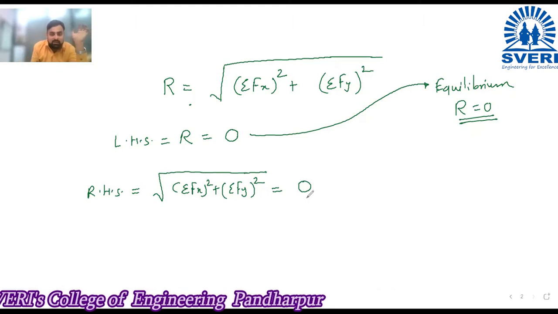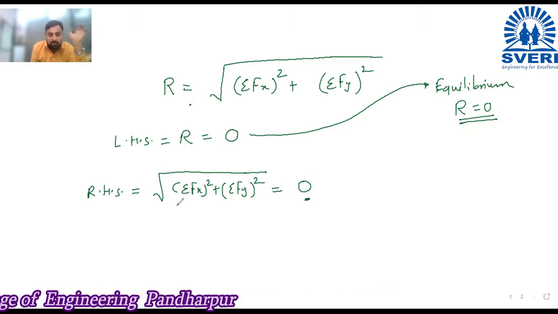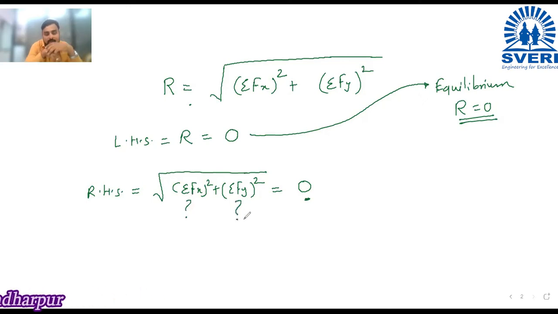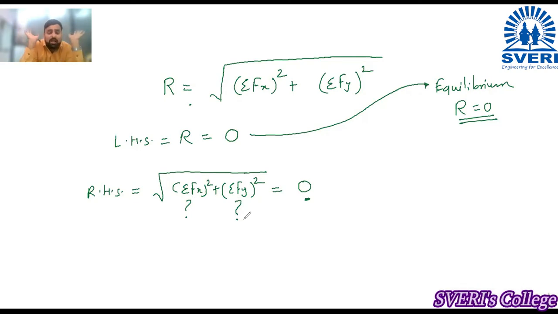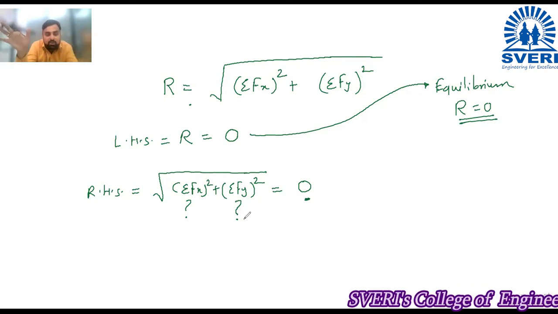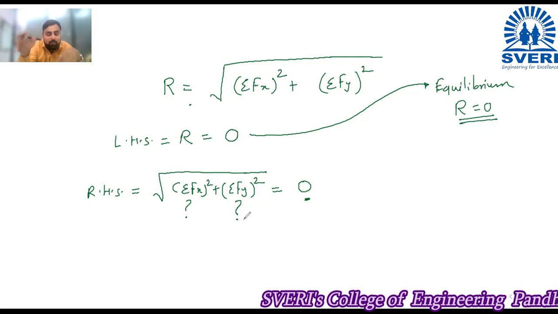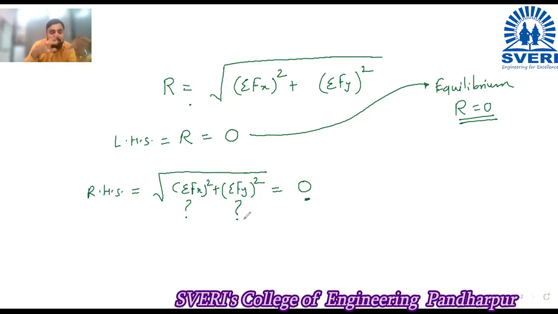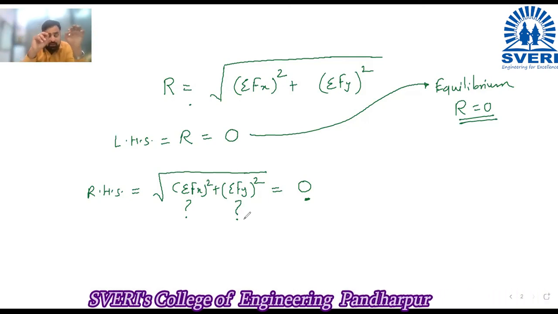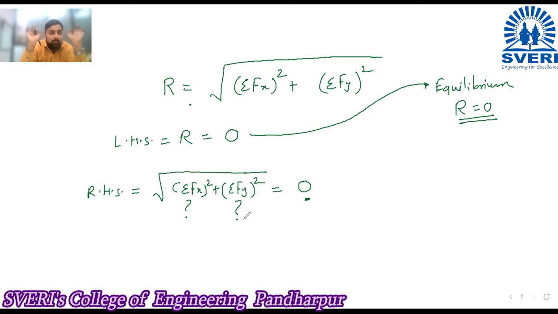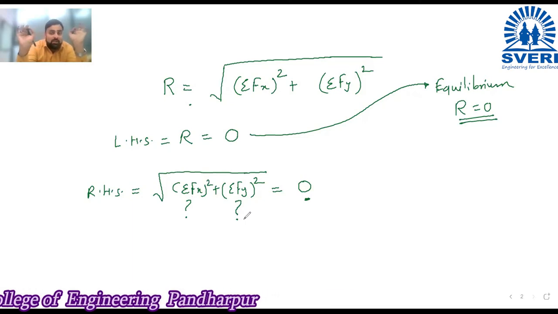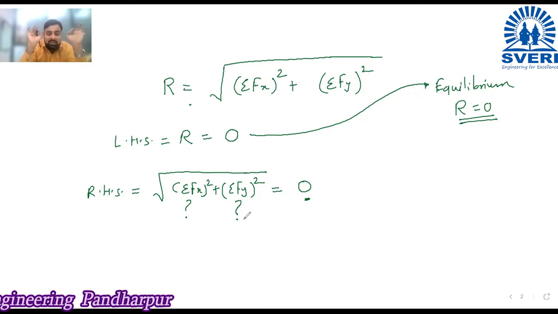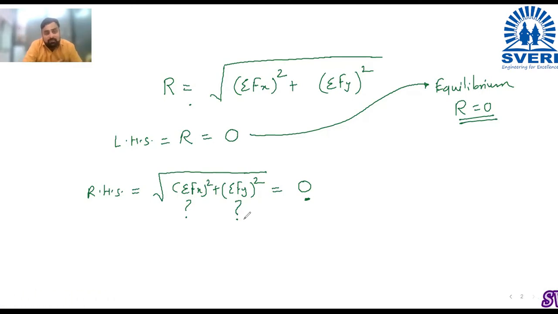हे जर मला रिझल्टंट 0 इथं आन्सर यायचा असेल तर मी तुम्हाला प्रश्न काय विचारला, माझी एफ ची व्हॅल्यू किती असायला पाहिजे आणि एफ ची व्हॅल्यू किती असायला पाहिजे. मला अल्टिमेट आन्सर 0 मिळाला पाहिजे. ज्या वेळेला मी हे पूर्ण ब्रॅकेट सॉल्व्ह करेन का नाही, एफ एक्स स्क्वेअर देन एफ वाय स्क्वेअर, मग त्यांची ऍडिशन, त्यानंतर त्यांचं स्क्वेअर रूट जर मी कॅल्क्युलेट केलं तर मला फायनल आन्सर 0 मिळायला पाहिजे, कारण माझी बॉडी इक्विलिब्रियम मध्ये माझा रिझल्टंट फोर्स 0 आहे. तर मग त्यासाठी एफ एक्स आणि एफ वाय ची व्हॅल्यू काय असेल, हा माझा प्रश्न आहे. 0.